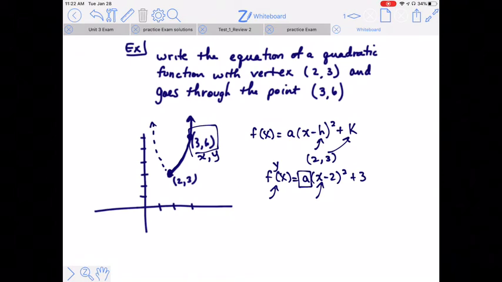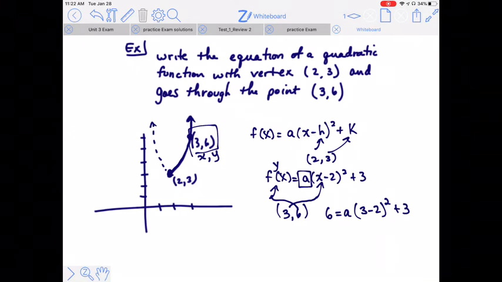So if the point is 3, 6, the 3 would go there, and the 6 would go there. So I can write that equation as 6 equals a, and then instead of x minus 2, I can replace that x with a 3. And then I can solve that equation for a.